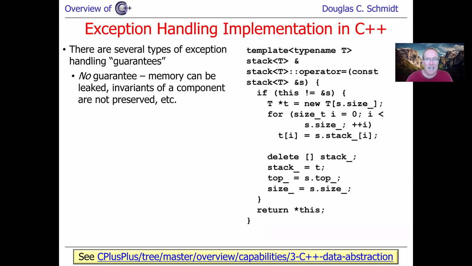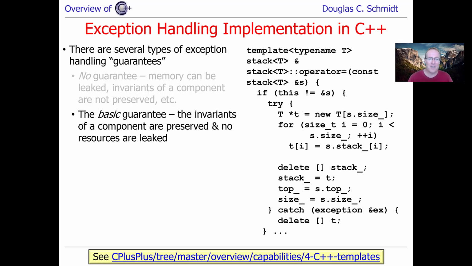Basically, it means chaos and insanity are going to reign, which is not a good thing. And we saw this kind of problem when we talked about the C++ data abstraction implementations earlier in the course. If you take a look here, you can see that here was the assignment operator for one of our earlier stack implementations that was in fact not exception safe when parameterized by type T. So that's a bad thing. Don't do that. Do not write this kind of code.